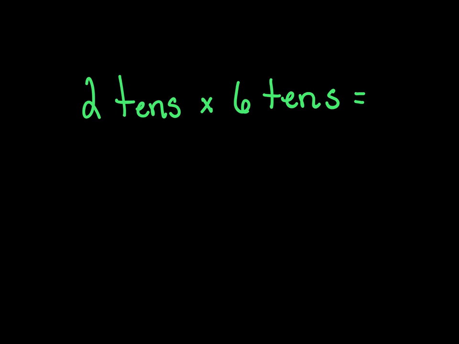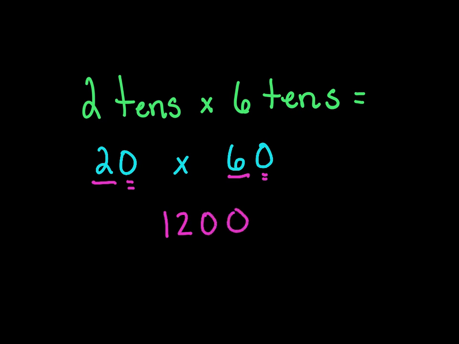Okay, well, let's get this out here. 2 tens is really just 20, and 6 tens is 60. So we do 2 times 6 is 12, with 2 zeros, and we know that 10 times 10 always gives us 100, so we add on the 2 zeros. 1,200, 12 hundreds, because 10 times 10 is 100.